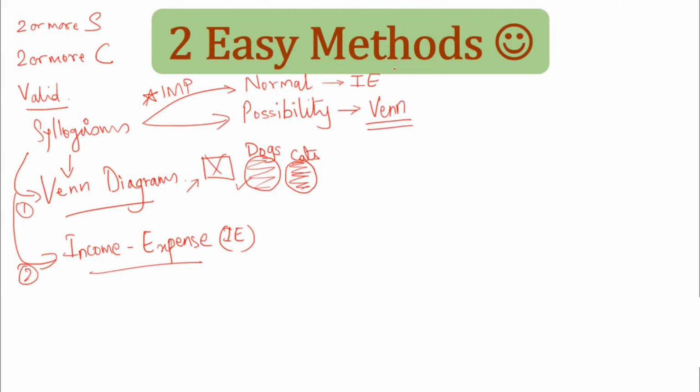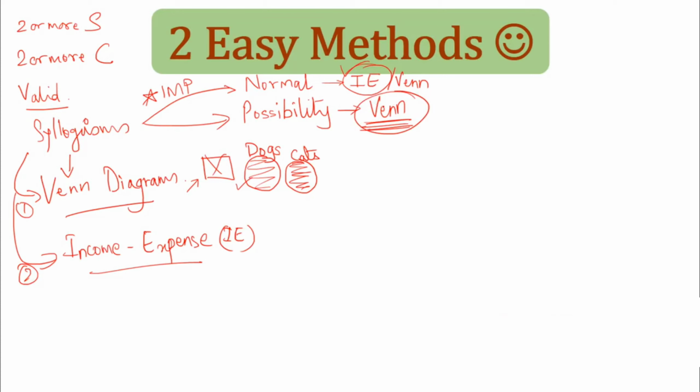Now normal sums can also be solved by Venn diagram, but it is easier to solve them with the income expenditure method instead. So go with the income expenditure method for normal sums. For possibility, there is no other option. You have to go with the Venn diagram. That is the reason I said we will be learning two methods.